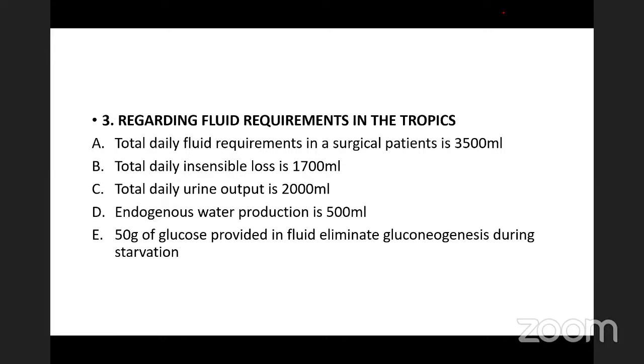The minimum amount of glucose that is required to prevent gluconeogenesis, or to reduce gluconeogenesis to the barest minimum, is 100 grams, okay? Is 100 grams. Yes. So let's move to the next question.